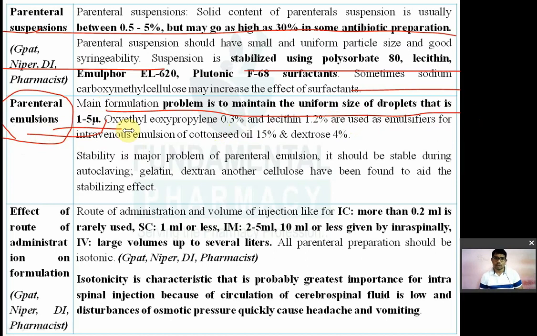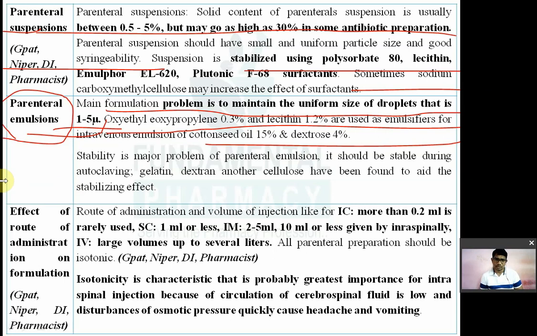Now oxyethylated polyoxypropylene in a concentration of 0.3% and lecithin in concentration of 1.2%, they are used as emulsifier for parenteral emulsion of cottonseed oil and dextrose. अगर इसका emulsion करना है cottonseed oil, dextrose, emulsifying agent कौन सा है? Oxyethylated polyoxypropylene and lecithin.